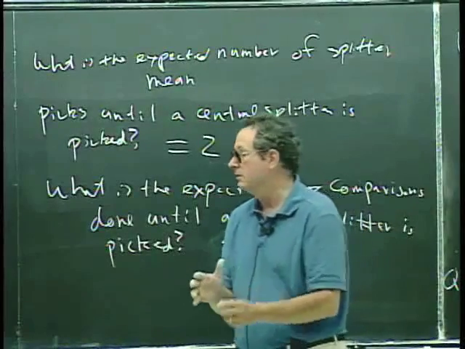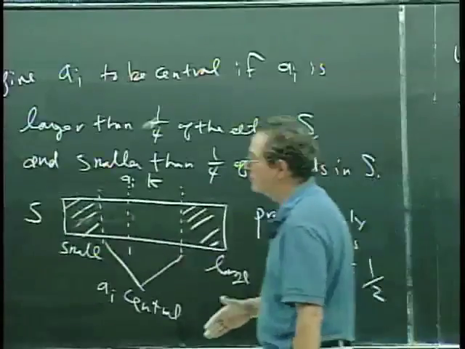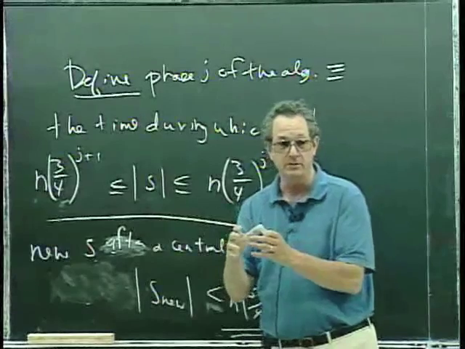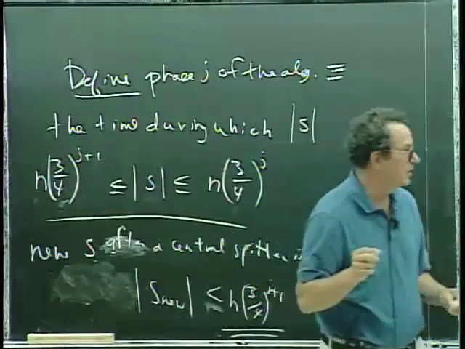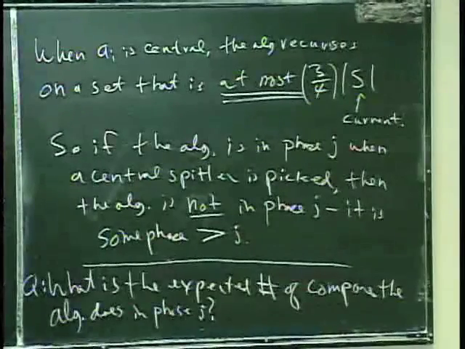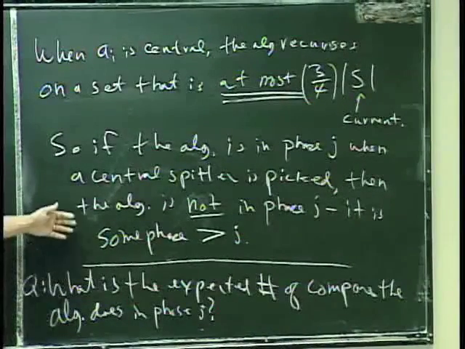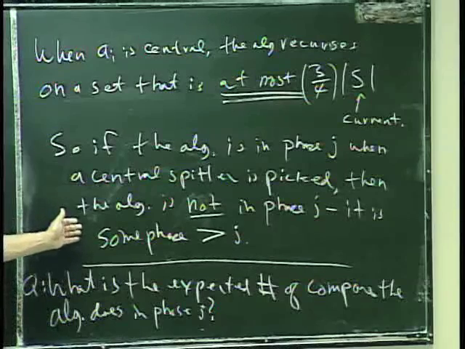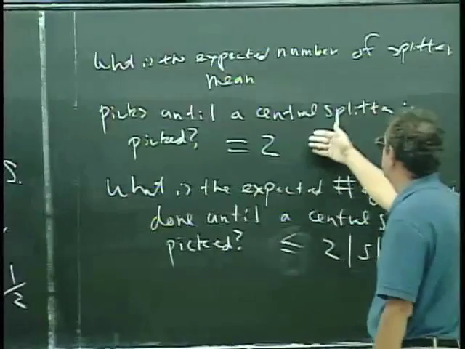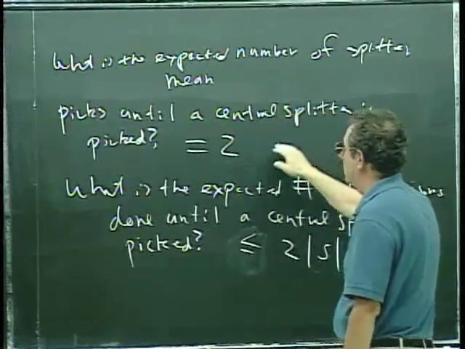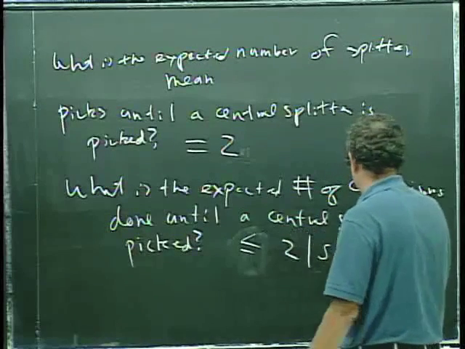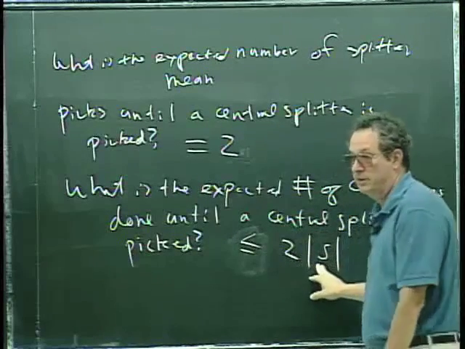At some point, it's out of the range that defines phase j because S is getting smaller and smaller. Now we know that if the algorithm picks a central splitter, it will get out of phase j. And we know the expected number of trials, number of picks until a central splitter is 2. And so we know the expected number of comparisons until a central splitter is picked is less than or equal to 2 times the size of S.